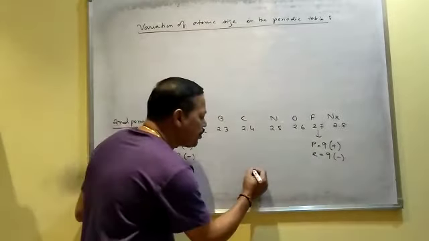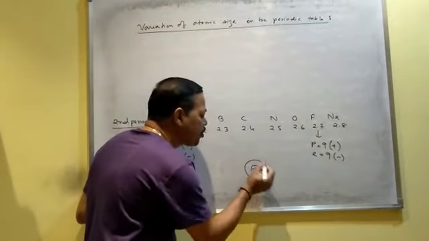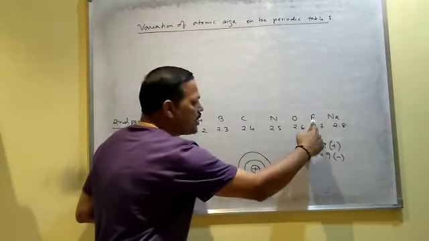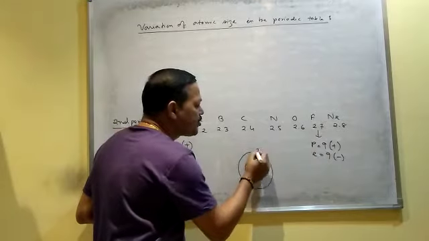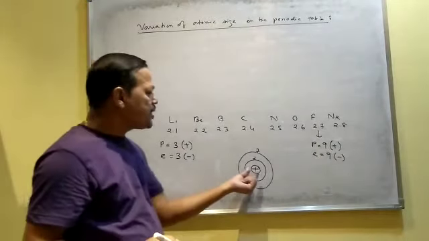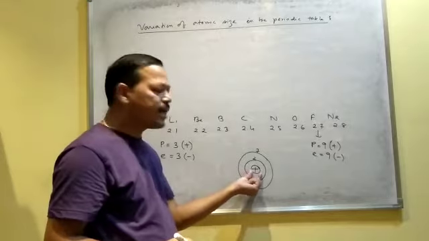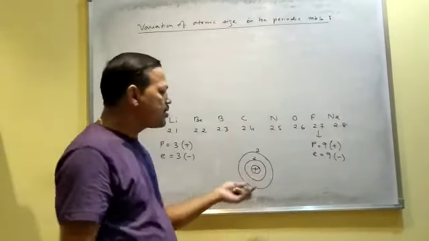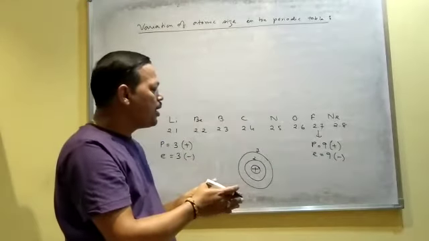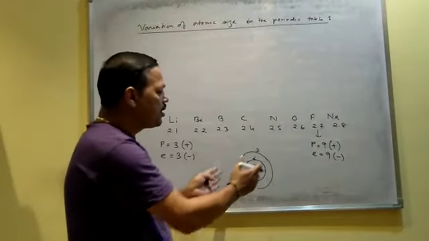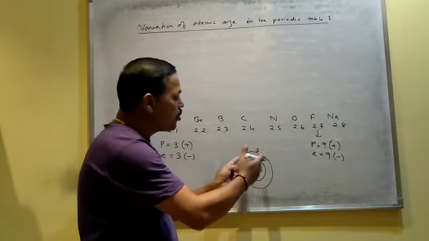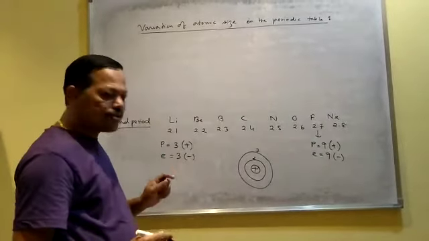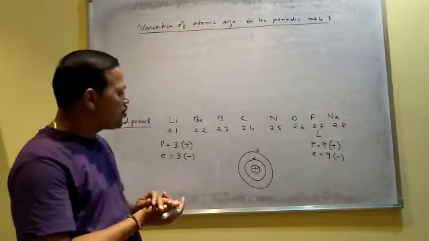Due to more protons inside the nucleus, which is also called nuclear charge, the force of attraction will be more, and due to more force of attraction, the size of the atom goes on decreasing. Here proton 3, electron 3, so the force of attraction will be less.